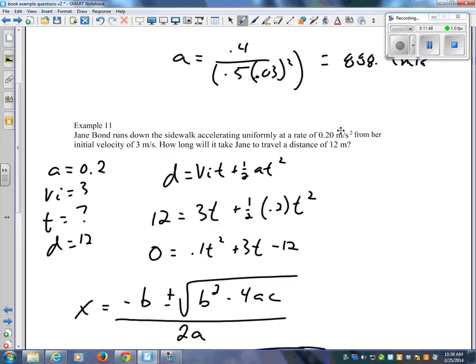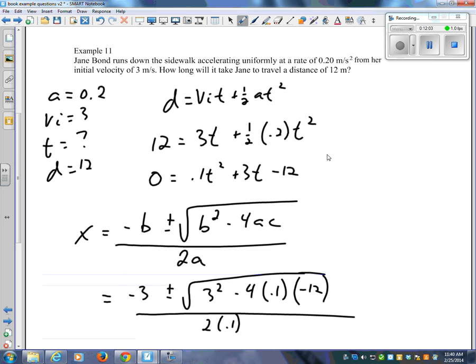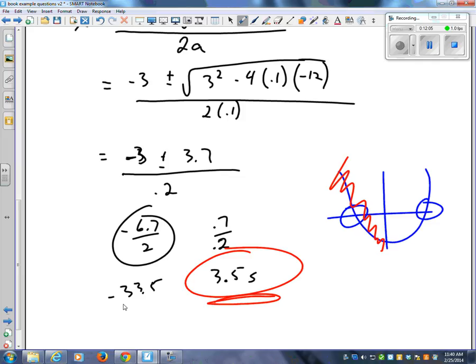If you went back in time at an acceleration of 0.2, she would actually be traveling a distance of, I think it would be -12, right? I'm not really sure what that -33.5 means in that case. I know what it means in the next one. The next one is where it really starts to get tricky.